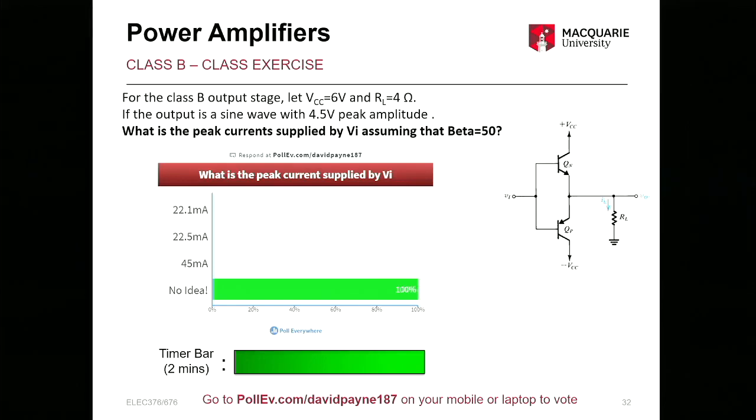Next exercise on this: what is the peak current supplied by VI, assuming beta equals 50? So see if you can work that out.